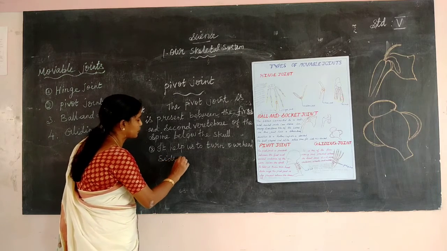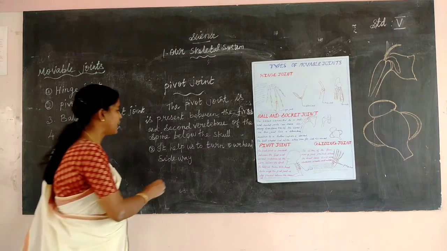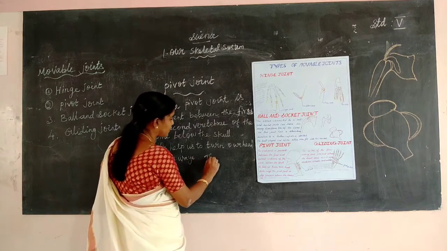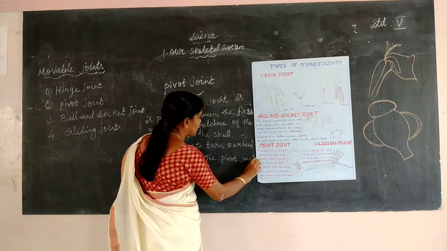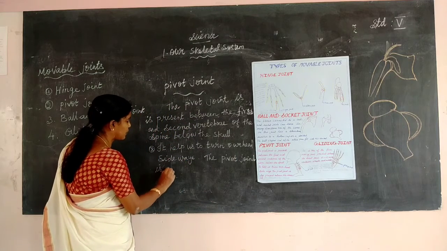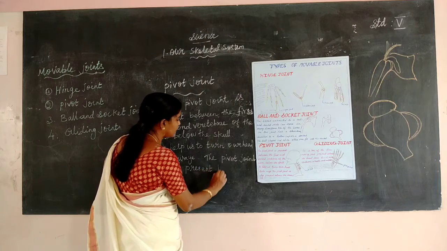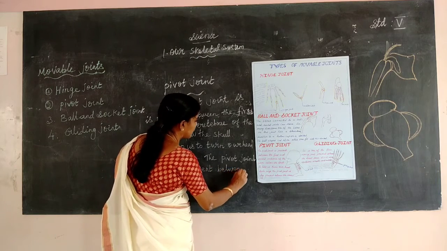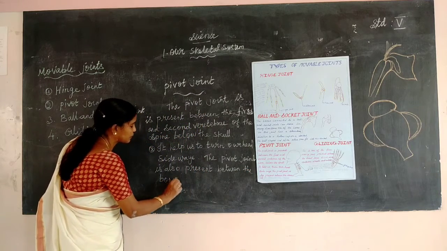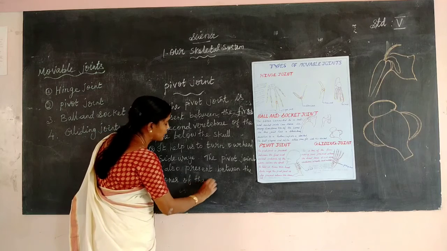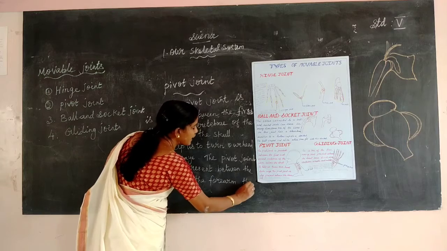The pivot joint is also present between the bones of the forearm, the radius and ulna.